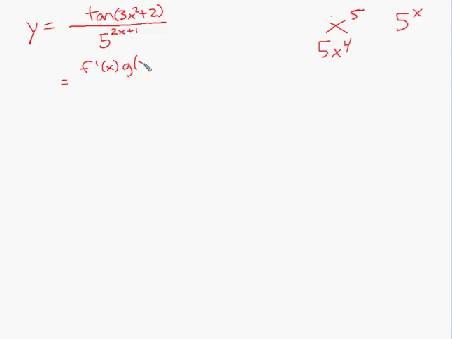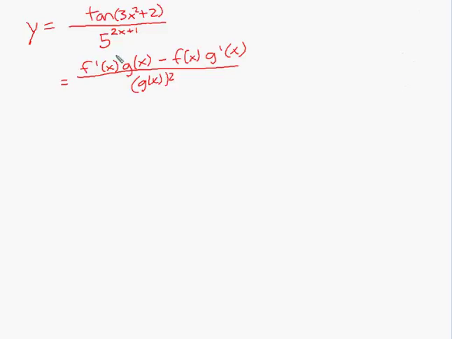g of x minus f of x, g prime of x, all over g of x squared. Now I'm going to be flipping to different slides because this will take up a lot of room. And it should, because there's a lot of different pieces here. So I'm going to just say f of x is going to be my numerator, right?